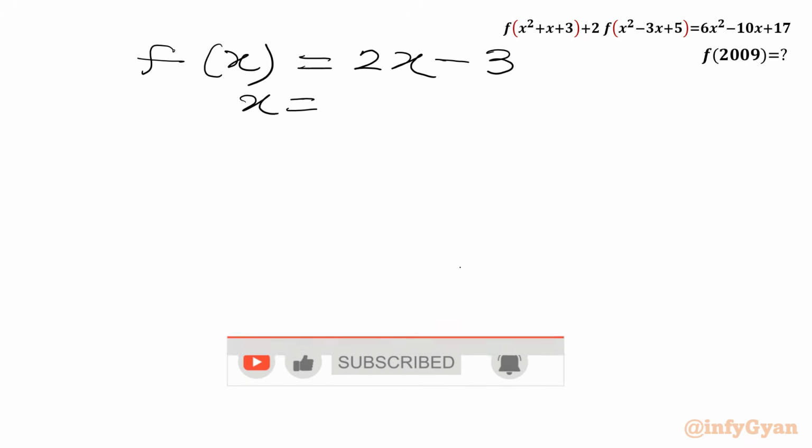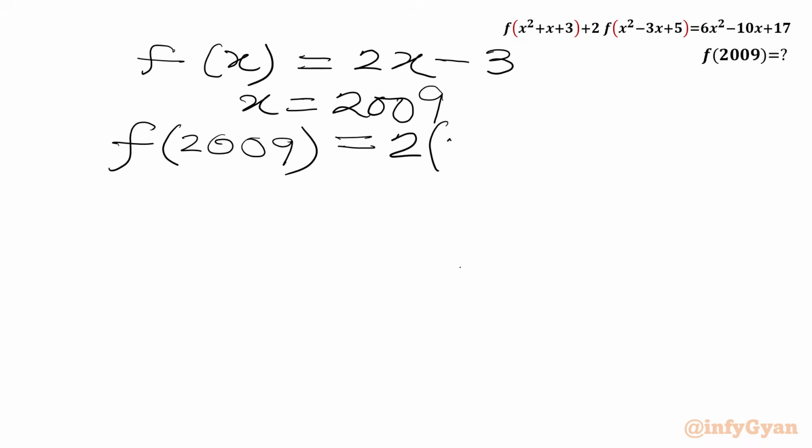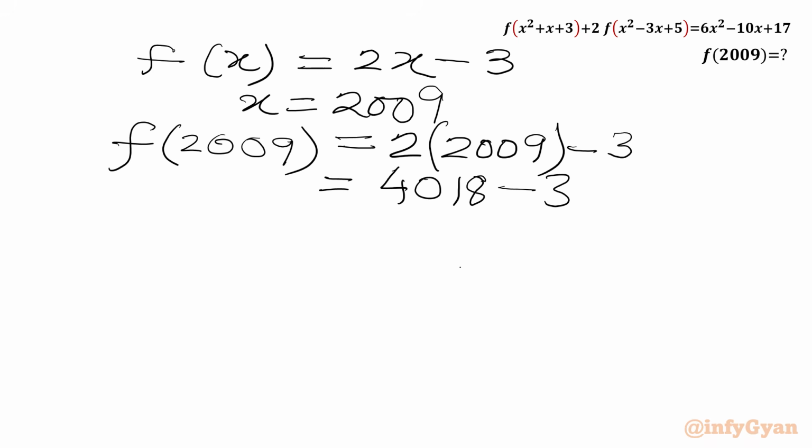Put x equal to 2009. We will get f of 2009 equal to 2 times 2009 minus 3, which is 4018 minus 3, equal to 4015.